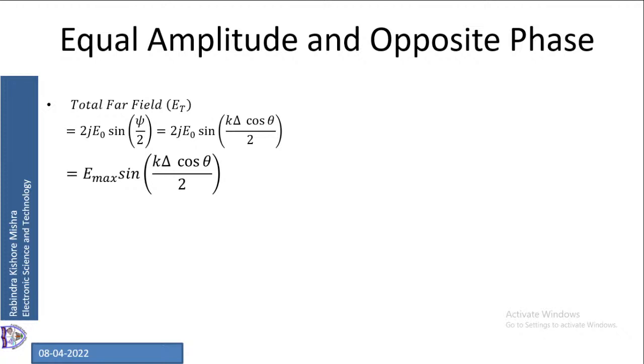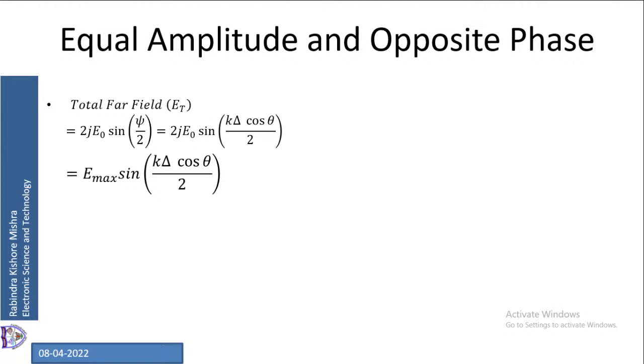So if you put alpha equal to 180 degree, then the total far field ET is equal to 2 E0 cos psi by 2, where we are adding plus 180 degree. Since you add 180 degree, cos theta plus 180 degree gives you sin theta. So from that we get 2j E0 sin psi by 2.